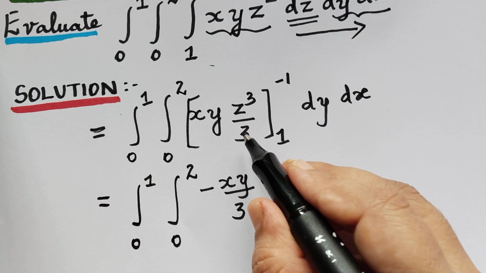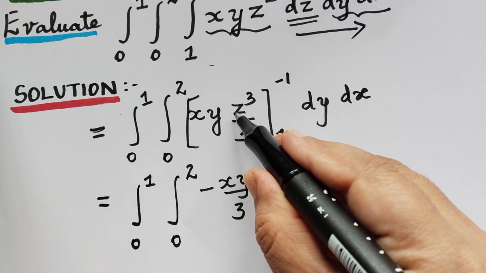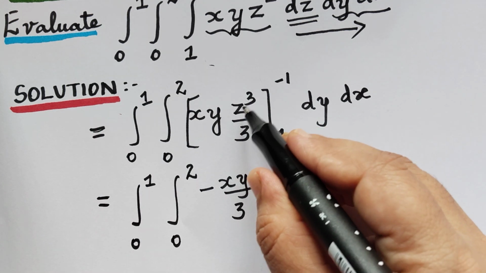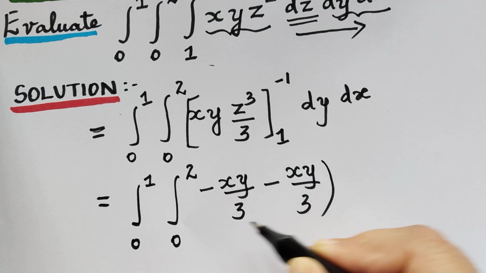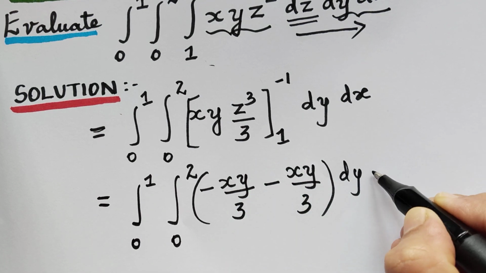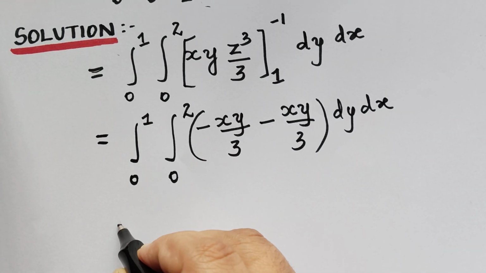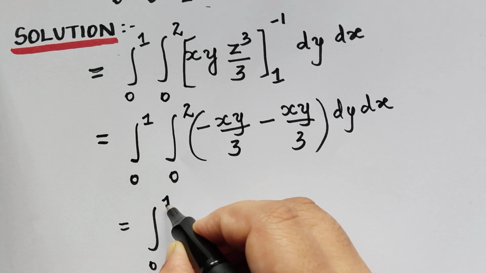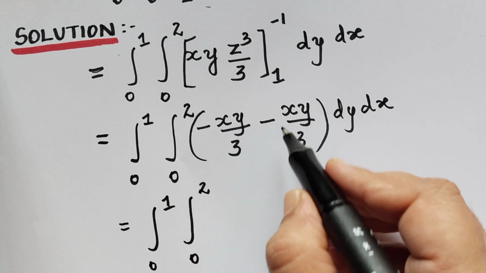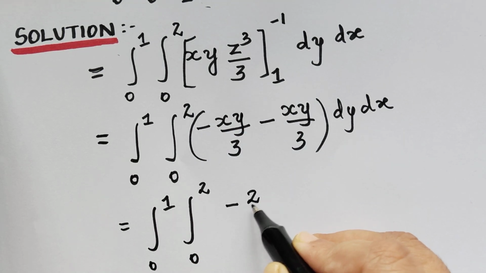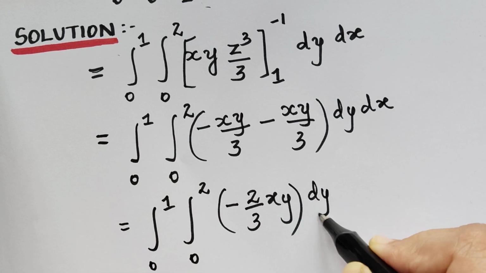And then the lower limit, when you put z equal to 1, 1 cube is 1 only, and so we get xy divided by 3 dy dx. These two terms are one and the same, and both are negative, so adding them we get minus 2 by 3 xy dy dx.